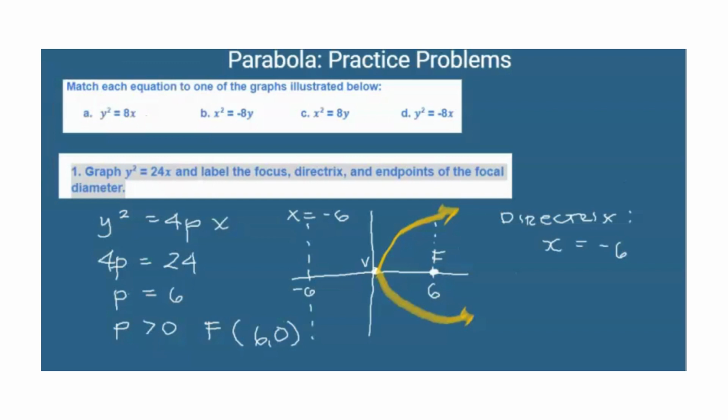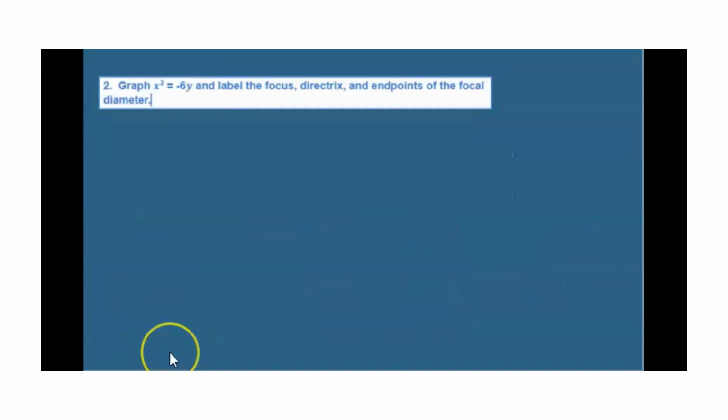So from here, let's call this endpoint F1 and endpoint F2. So F1, F2 would be from 6 plus or minus 2p, 12. Okay, let's go to the next problem.